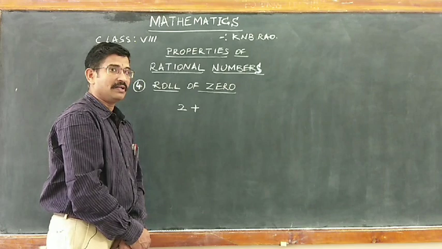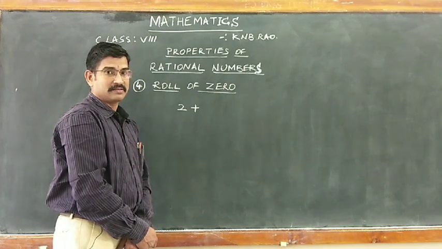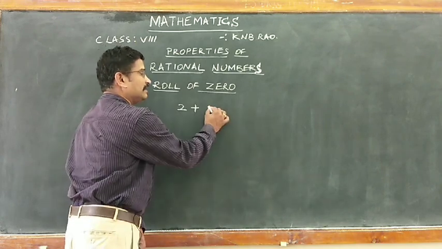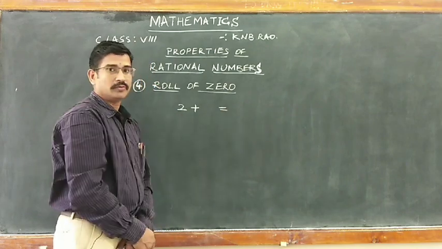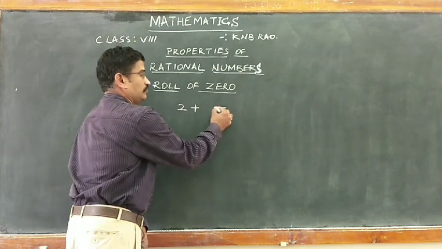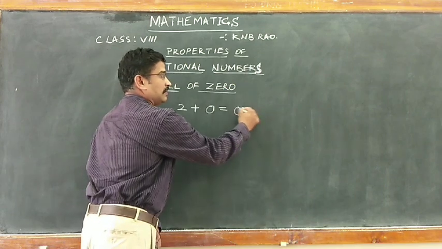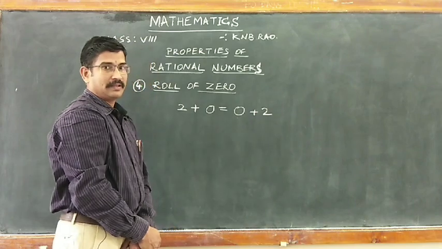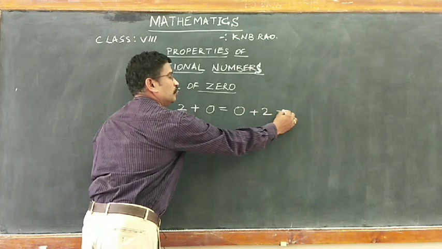So, you have to remember here when we are learning role of 0, we are learning it for addition. When I add 0 to this rational number 2, or this rational number added to 0, gives us the same number 2.